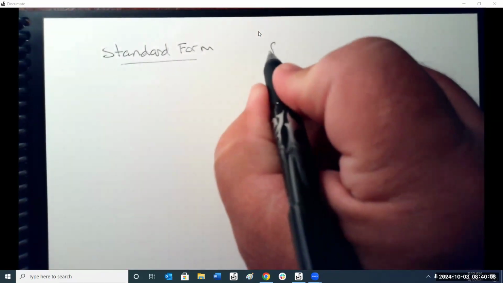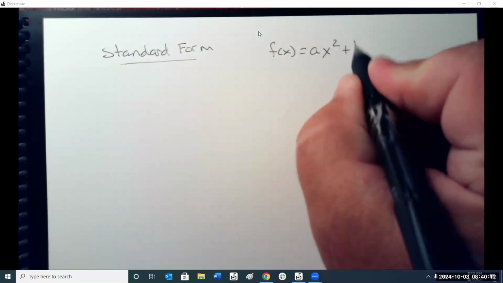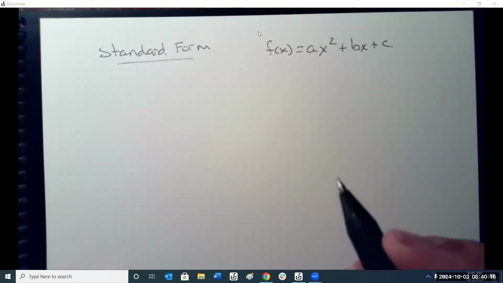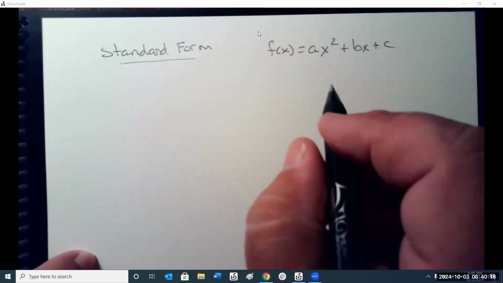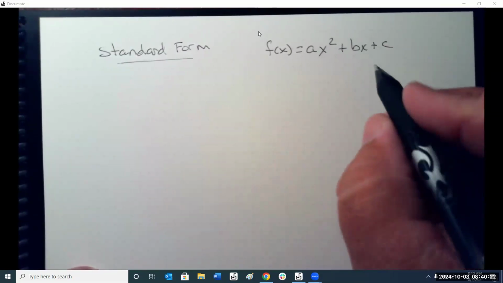Now the standard form, which is ax squared plus bx plus c. Here, this formula tells us a couple things.